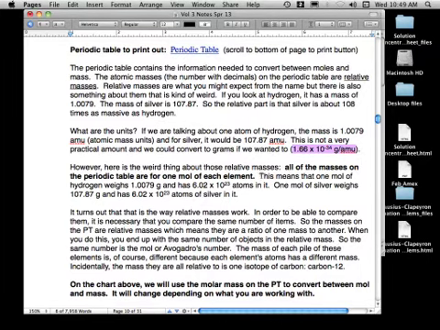Or let's switch to chlorine, 35.453 is what my periodic table says. That means one atom of chlorine weighs that much in atomic mass units. Or if I take Avogadro's number, or a mole of chlorine, it weighs 35.453 grams.